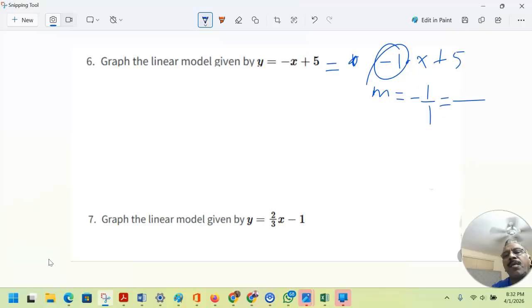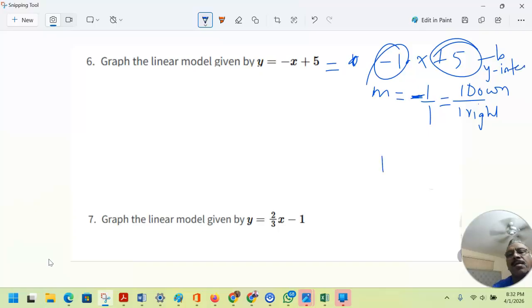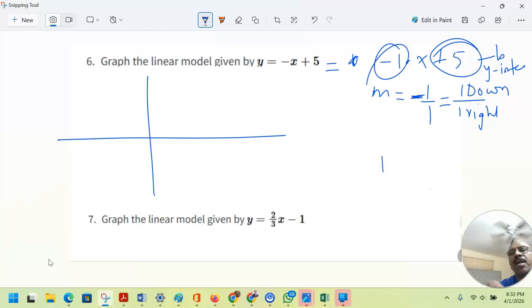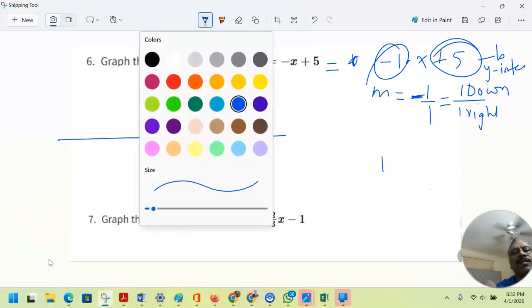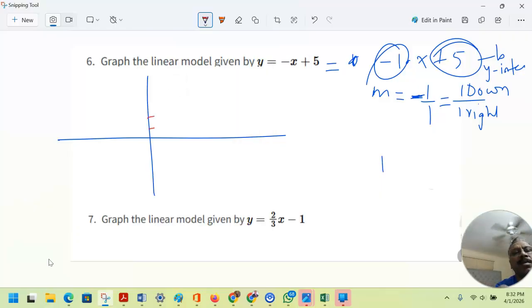That means you go 1 right, and because of this -1, you go 1 down. And you start with this. This is the y-intercept. So when you make a grid, you begin with plus 5. 1, 2, 3, 4, and 5. So this is where it starts, 5.